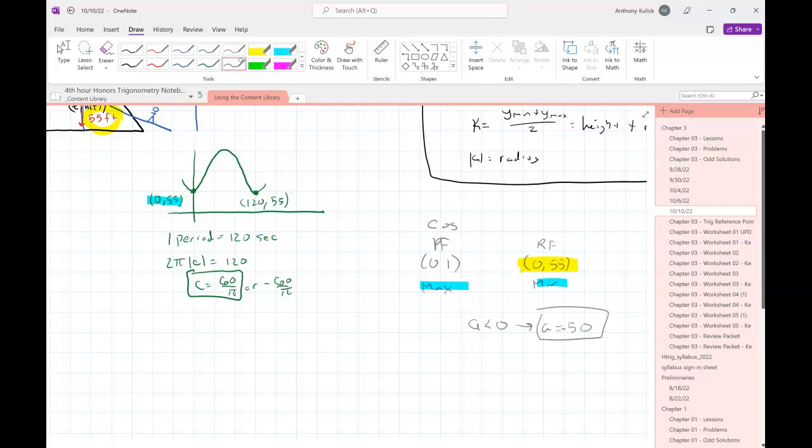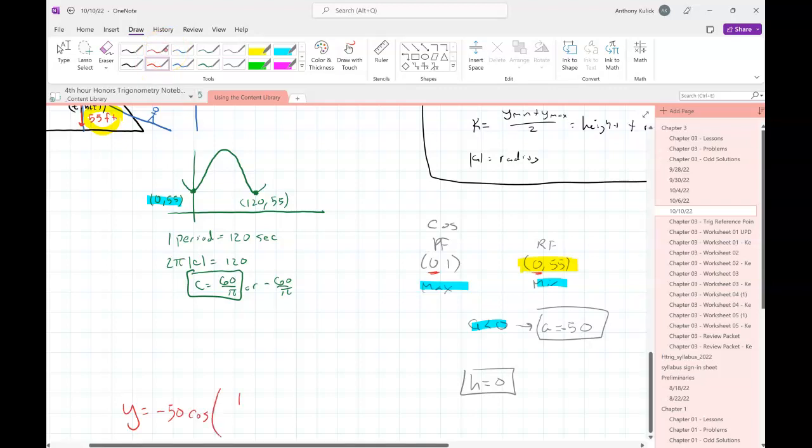There's a little negative sign in there. And since the x-coordinate on my parent function is 0, that makes the x-coordinate on my resultant function h. So h is just 0, and I have everything I need to write y equals negative 50 cosine of 60 over pi times x minus 0, plus 105.